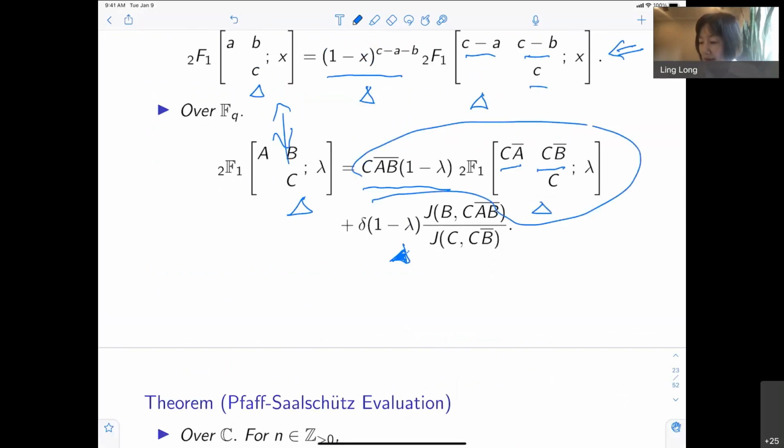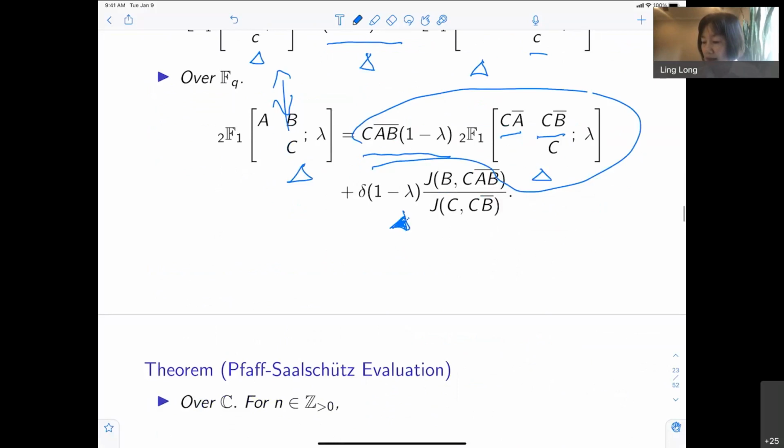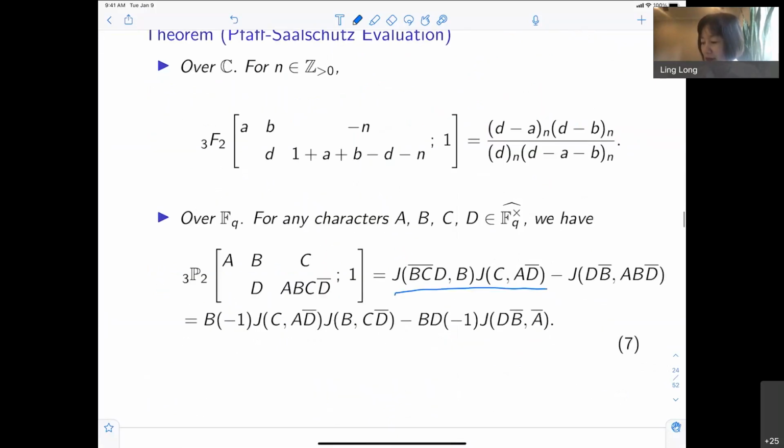Plus, because of the remaining delta term, there is a kind of tail, an additional term over here, which is kind of funny and interesting, because this is the value at 1. I'm going to get to more tomorrow on what happens at 1. Unlike other cases, degeneracy happens when the argument is 1.